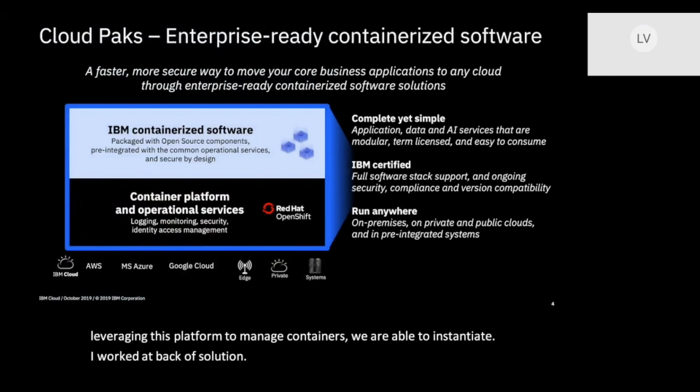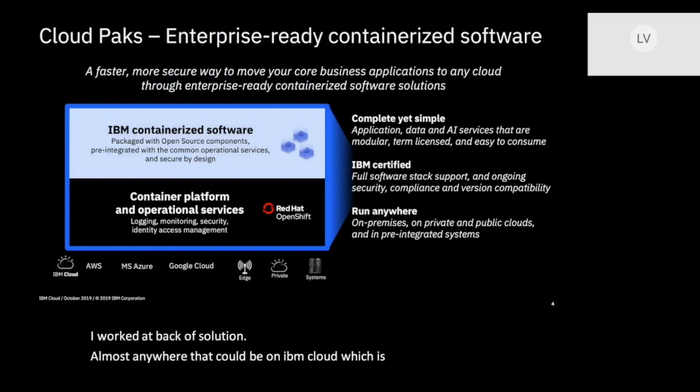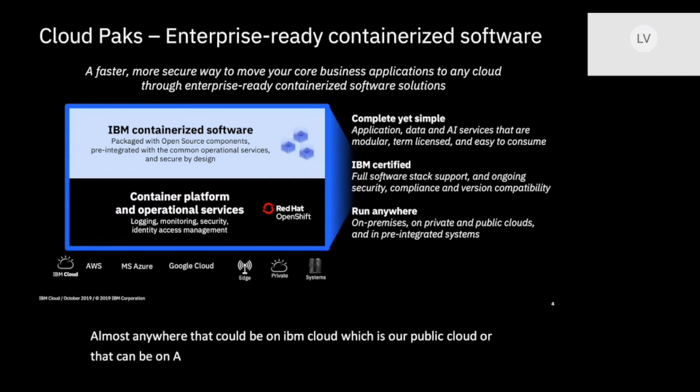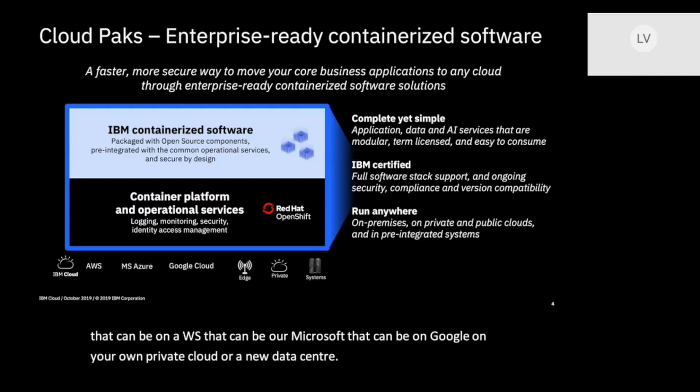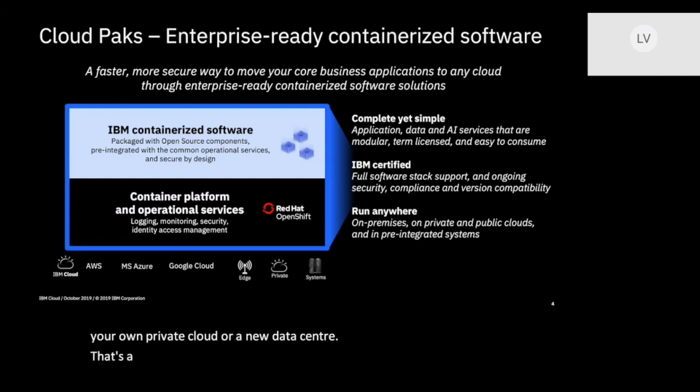That could be on IBM Cloud, which is our public cloud, or on AWS, Microsoft, Google, or your own private cloud or data center. That's a very flexible way to instantiate your different solutions.